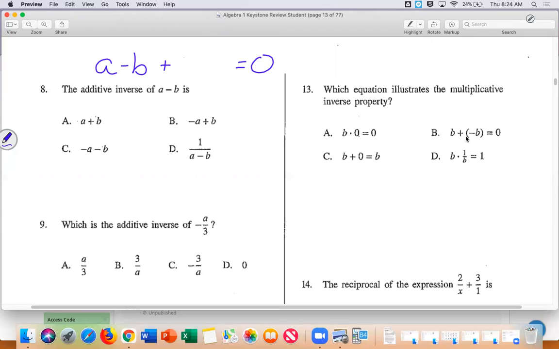Okay. So let's do this, Harshan. Let's plug in A plus B. Does that give me 0, Harshan? What's A minus B plus A plus B? So we would add the A's, right? We'd combine the A's. See that? A plus A is, that's right, 2A. What's negative B plus B?